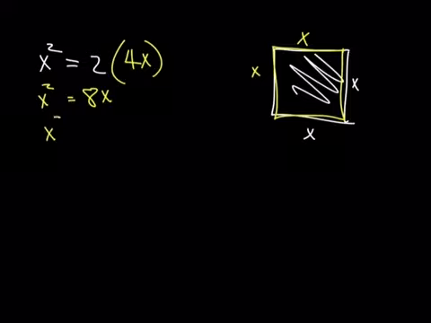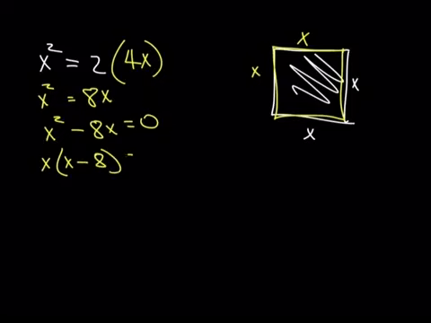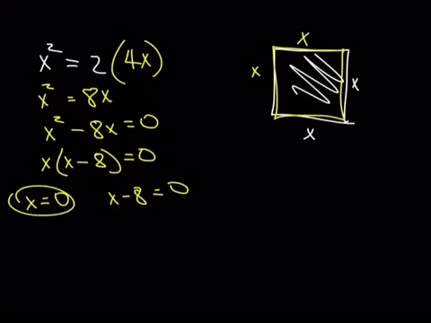Okay, so x squared minus 8x equals 0. So far it's looking good. I'm going to factor out an x. So either x equals 0 or x minus 8 equals 0. Well, if x is 0, that means we don't have a square, do we? Because it doesn't have a length.